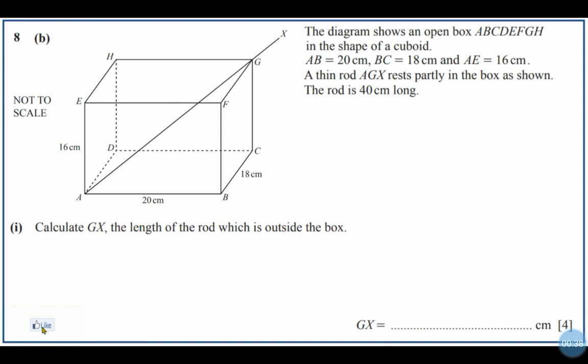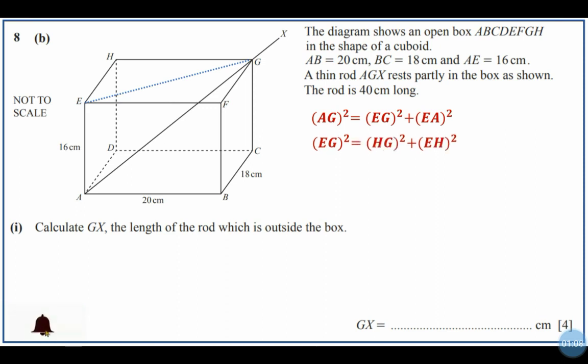But prior to computing the length of AG, we have to know what EG and EA are. EA you already know: EA is 16 centimeter. But we don't know EG, so we have to find it. To find the measurement of EG, you also use the Pythagoras theorem.